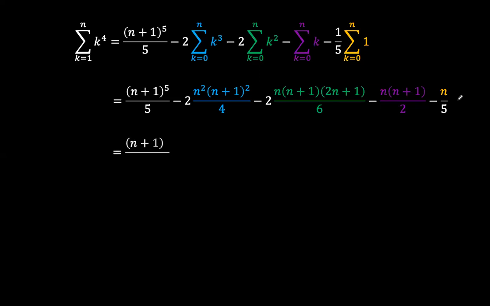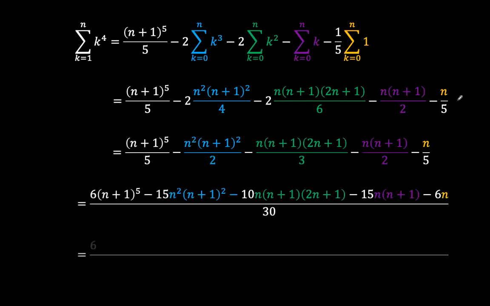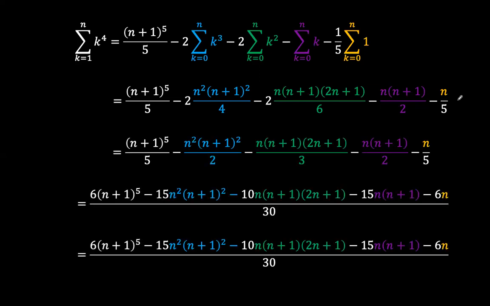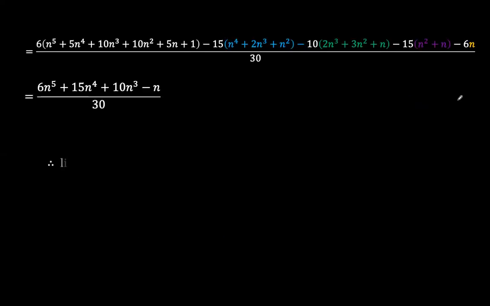So this can be simplified further into a simple equation that is summation of k to the power 4 is 6n to the power 5 plus 15n to the power 4 plus 10n cubed minus n over 30.